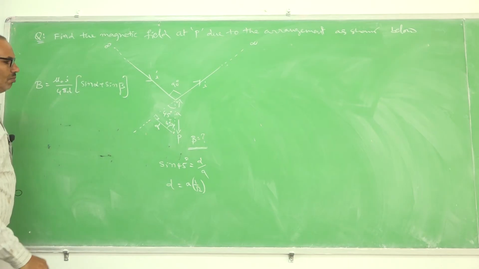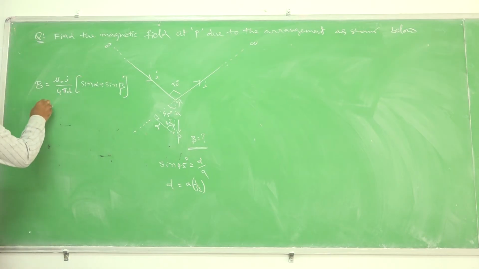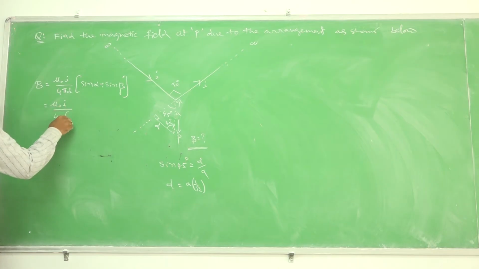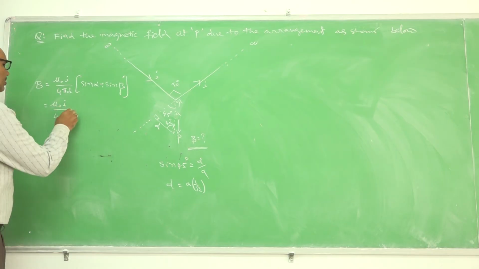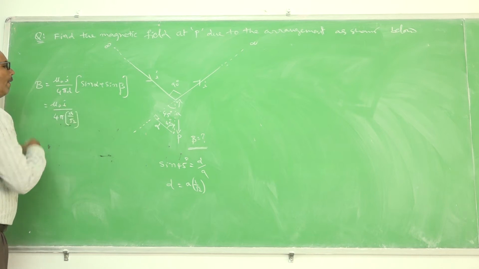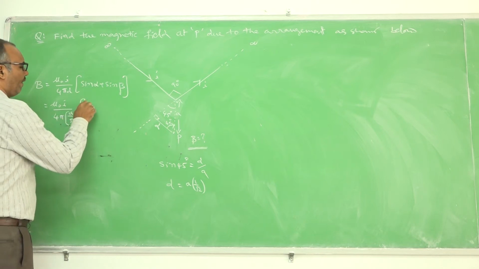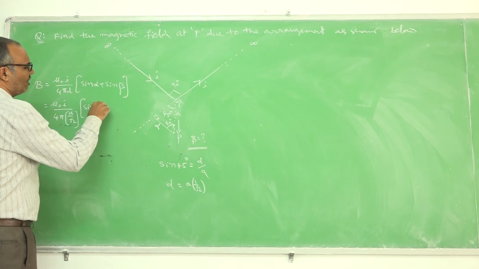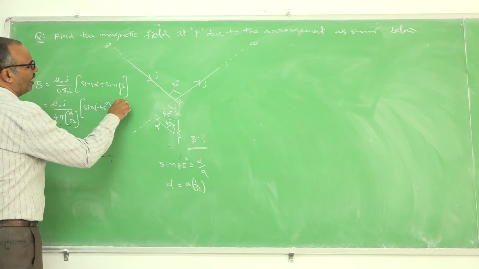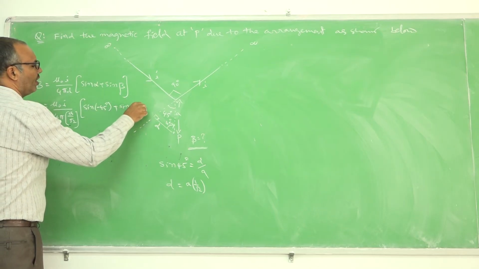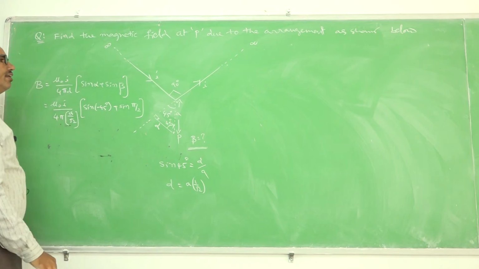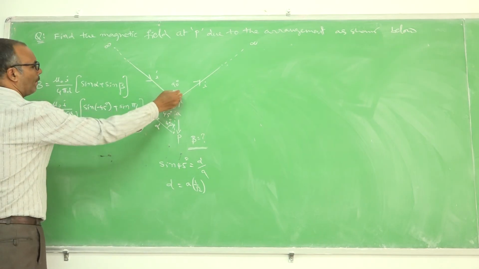This is the general formula. In this formula, strength of the current they gave as I, 4 pi, D value we calculated as A by root 2, sin minus 45 degrees plus sin pi by 2, 90, the other end.